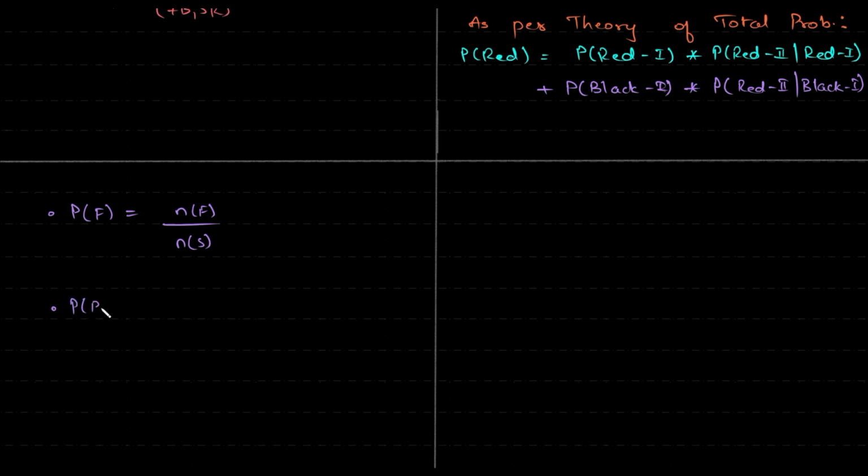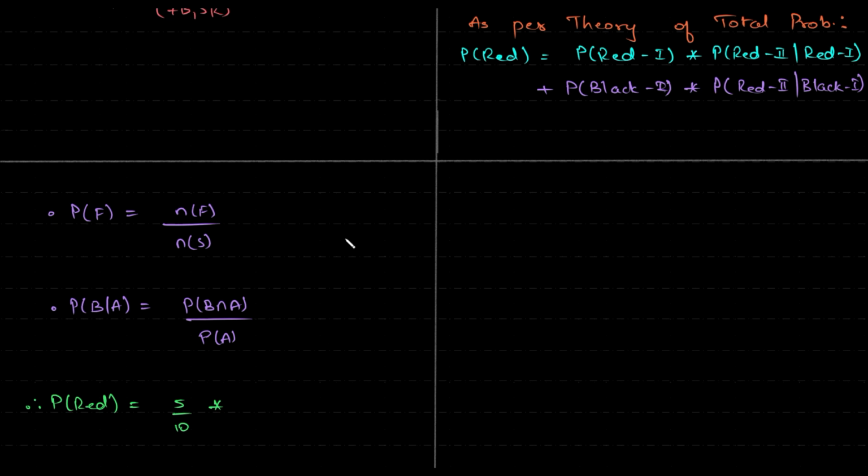Then probability of B given A is probability of B intersect A divided by probability of A. So making use of this set of formulas, the probability of us getting a red is, okay, red in the first row is half, or we can go with 5 by 10.